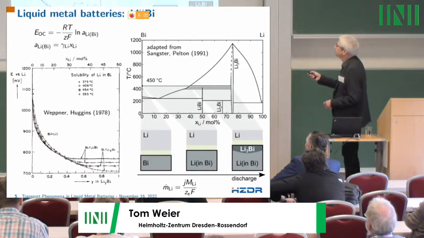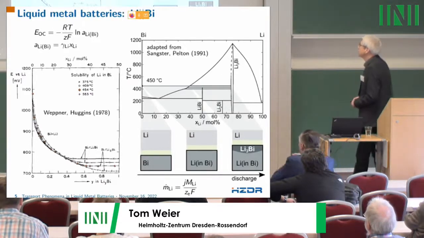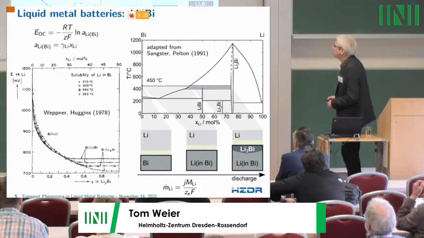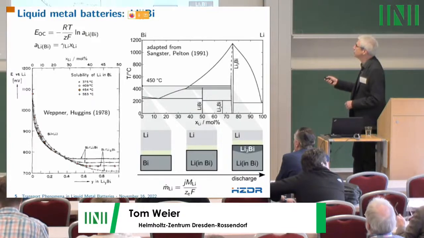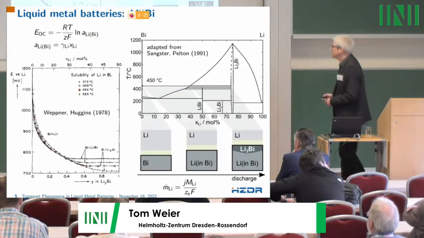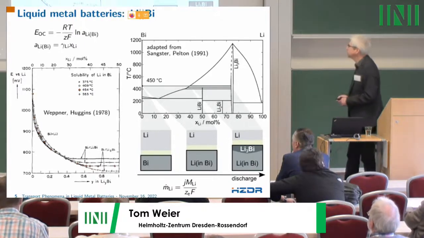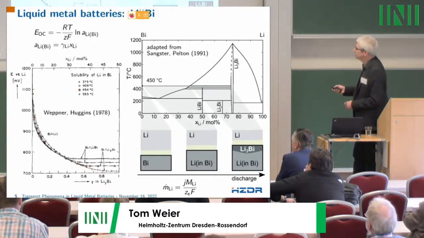I've written this again here for the concrete case of lithium bismuth. This is the system I'll stick to for most of the talk. And the activity, as I said, is just the activity coefficient multiplied by the concentration. So the higher the concentration, the higher the activity, the lower the cell voltage is.